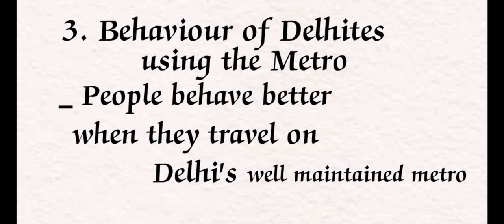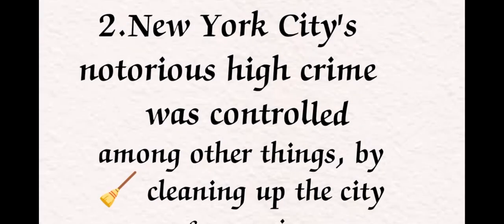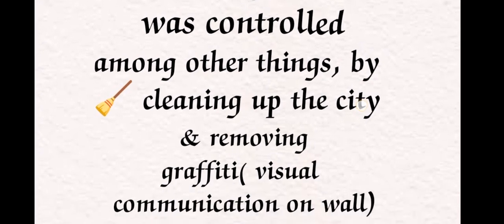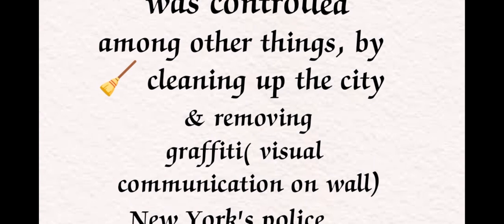Okay, next, coming to one example: New York City's notorious high crime was controlled. In that city a wide range of crimes happened, but it was controlled by cleaning up the city and removing graffiti, the unwanted visual communication on walls or public places.